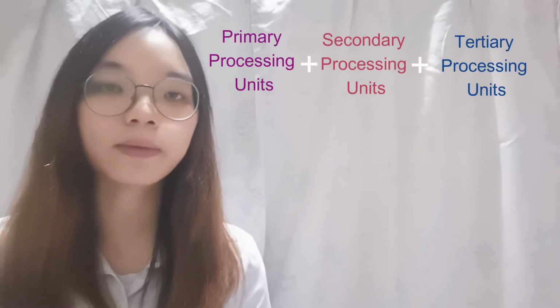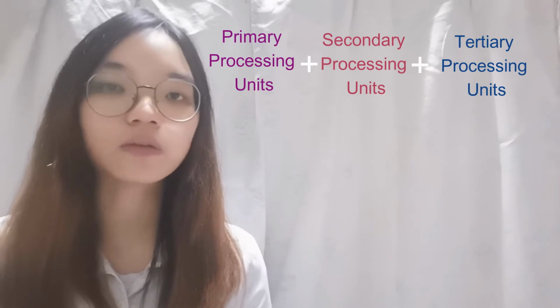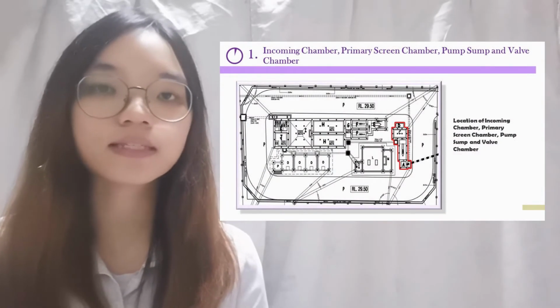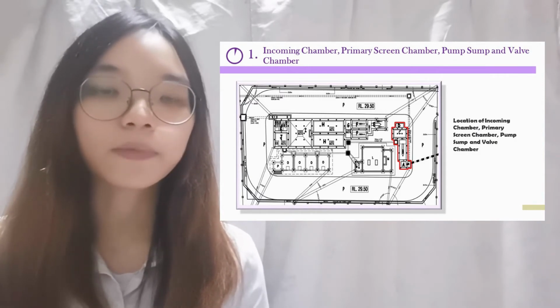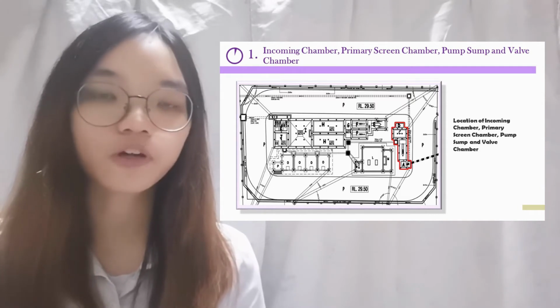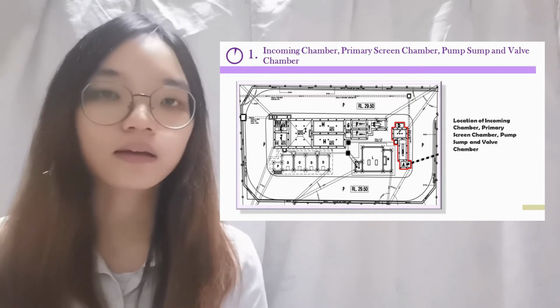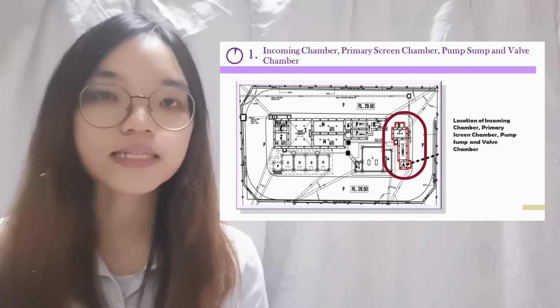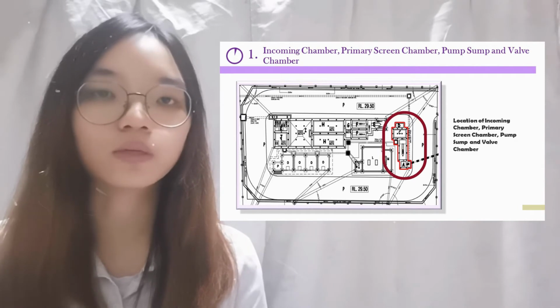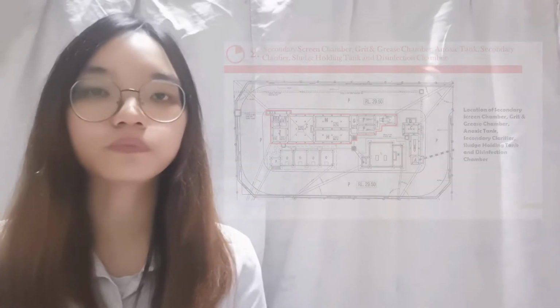Next is the detailed design of the sewage treatment plants. The sewage treatment plants are formed up of 3 major sections of processing units and 1 control unit. In the primary processing units, the units involved are the incoming chamber, primary screening chamber, pump sump, and batch chamber. These 4 units are constructed together in one section, and the incoming chamber is connected to the last manhole to receive the raw wastewater.